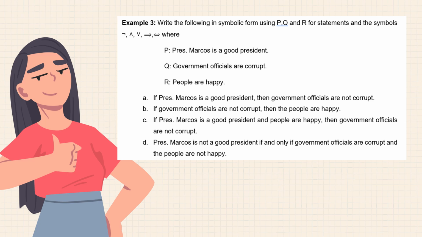Okay, so let's have an example. Transforming an English sentence into symbolic form of logic. We already talked about negation, conjunction, disjunction, conditional, so if and then, and biconditional, if and only if.